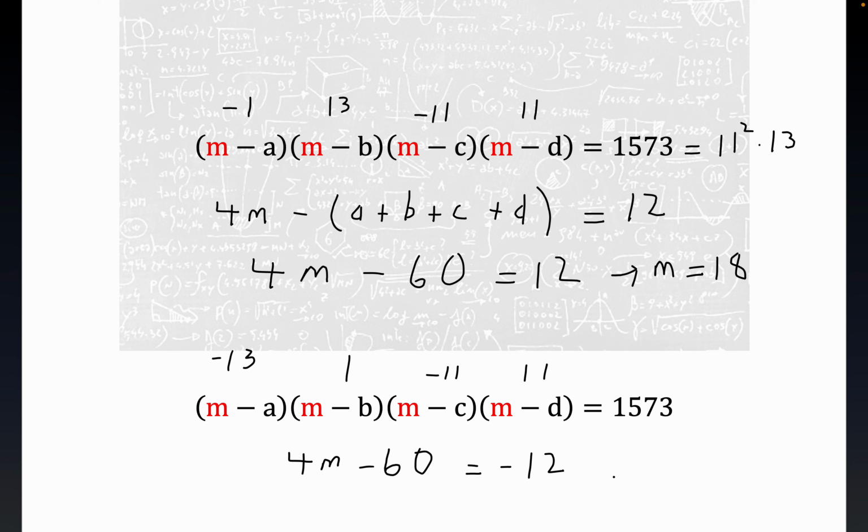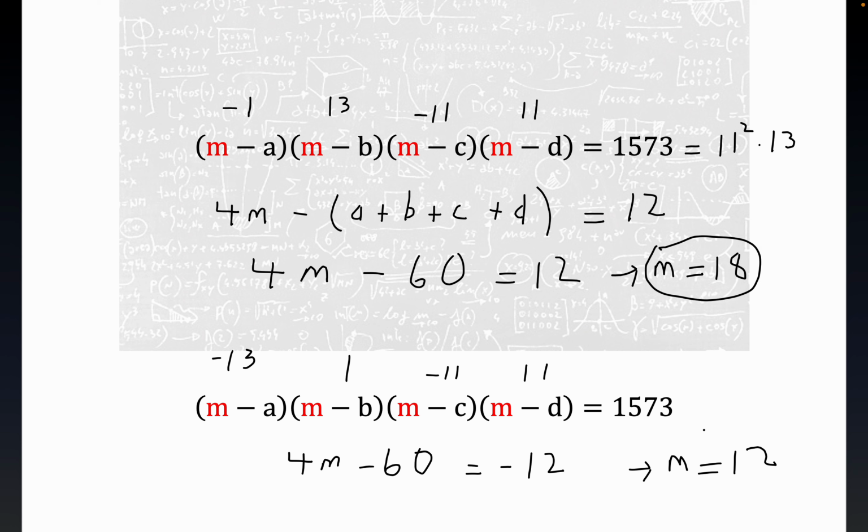And so what would that end up being? That would imply that m is 12 itself, right? Yeah, because you would have 48 minus 60. So this implies that m is equal to 12. Okay, and I'm claiming these are the only two answers.